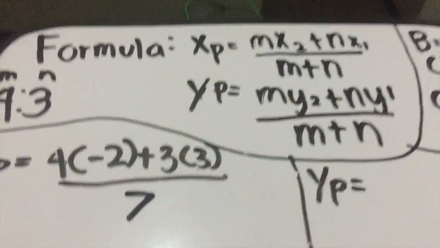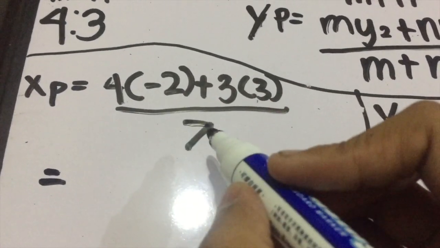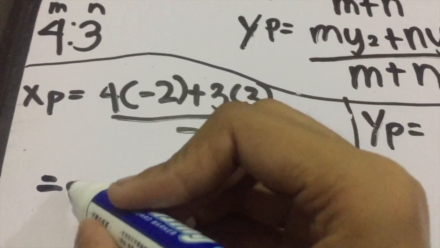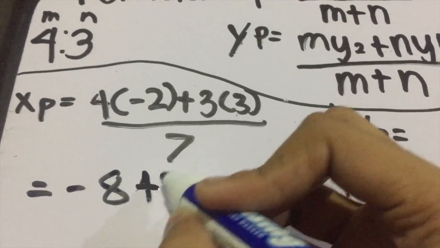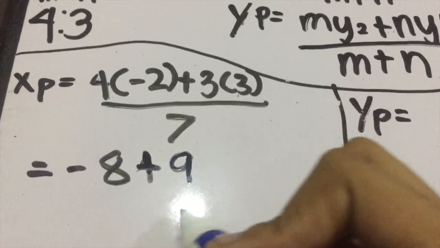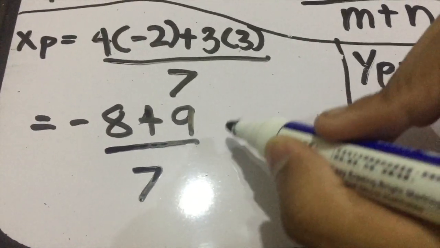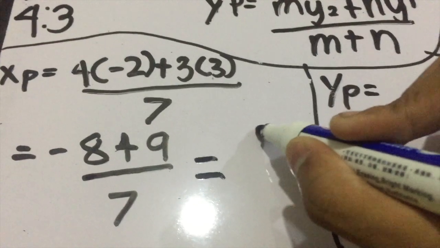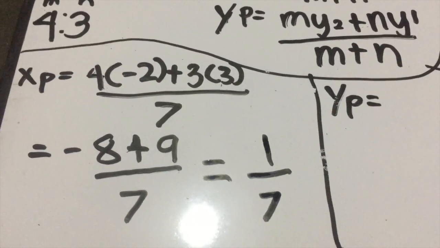Then we will solve this. 4 times negative 2 is negative 8, and 3 times 3 is positive 9, over 7. If we add negative 8 and 9, they become 1 over 7. And that's our x sub p.